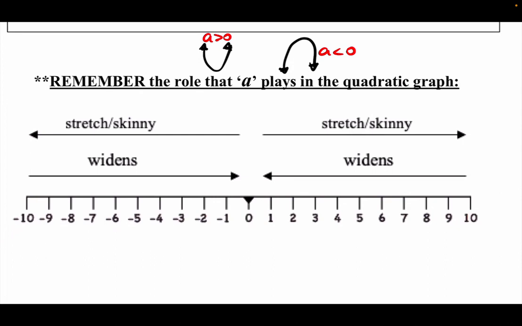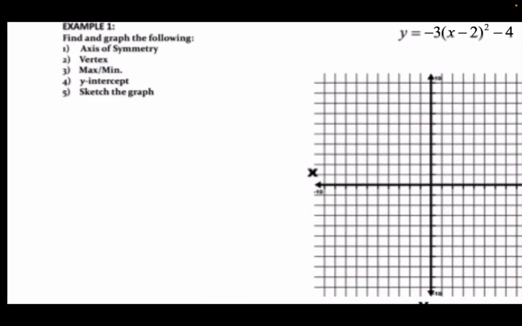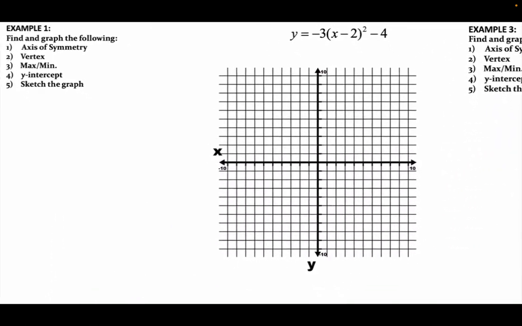Are you going away from 0 or towards 0? Kind of the opposite of what you think, right? You think that as I go farther away, it should get wide. Yeah, it's kind of opposite. It's weird. Okay. All right, so let's do one problem. Let's do problem number 1.